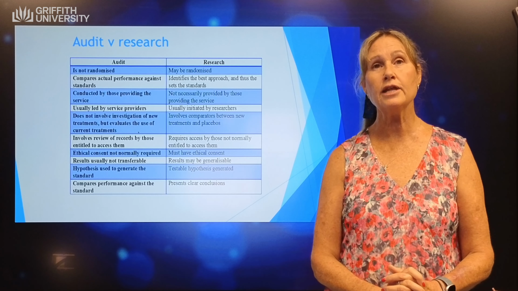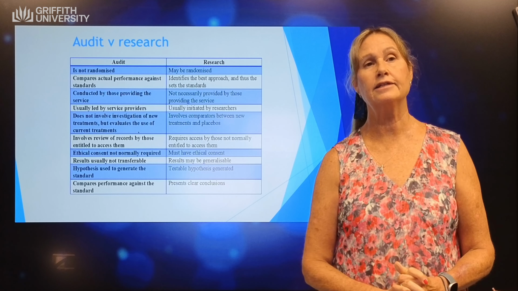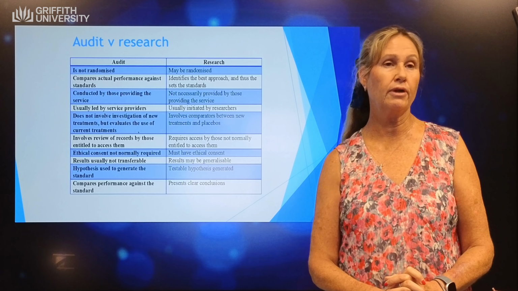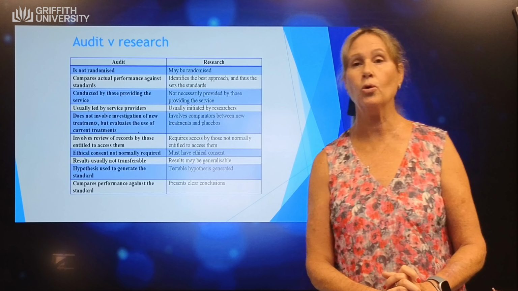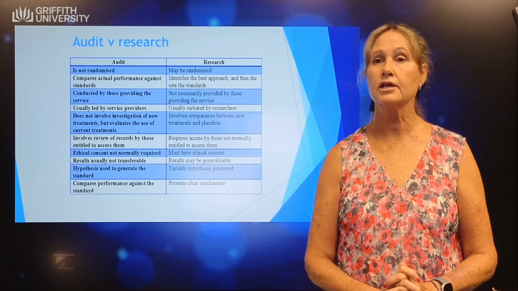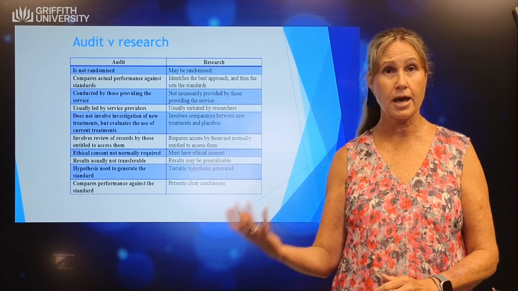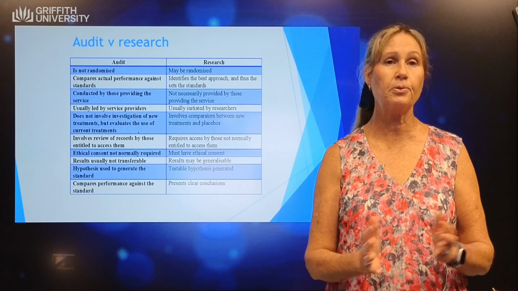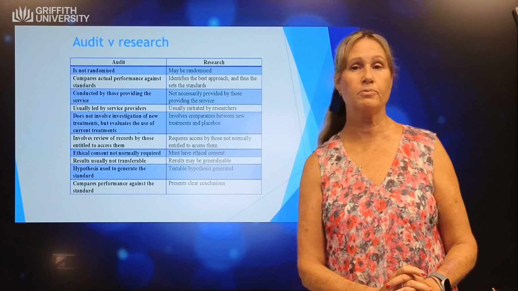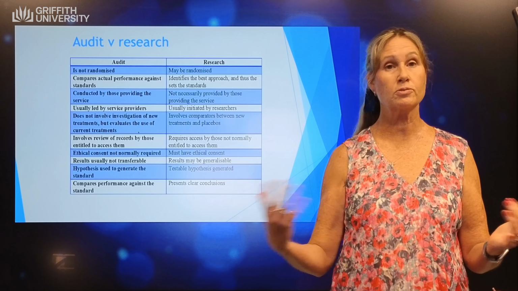So it's important as you're going through this module that you look at the information around audit and research. One of the things that's really important when you're looking at results is that research can be generalized because you may have done it in a few areas or you may have a big enough sample, but an audit is really about that particular sample. And so it may not be transferable unless you did several areas, which is then much more like research.